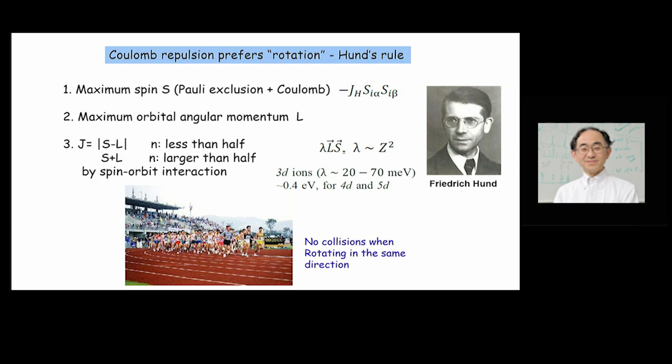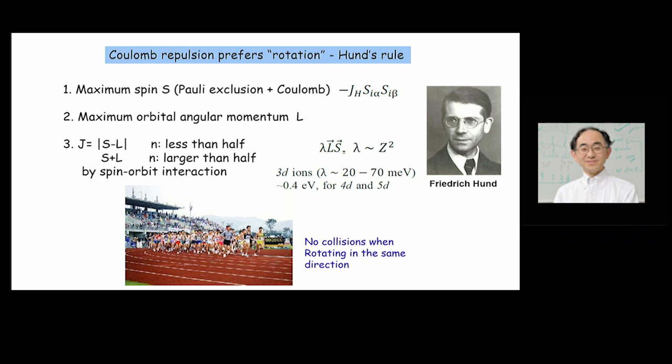Now imagine that each runner is running randomly, clockwise and counterclockwise. Then you have many, many collisions, right? Collision, namely the approach of electrons to each other, means you will cost Coulombic energy. So that's why the lower Coulombic energy state should have the maximum orbital angular momentum L.